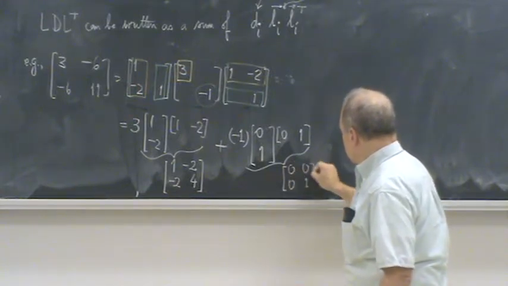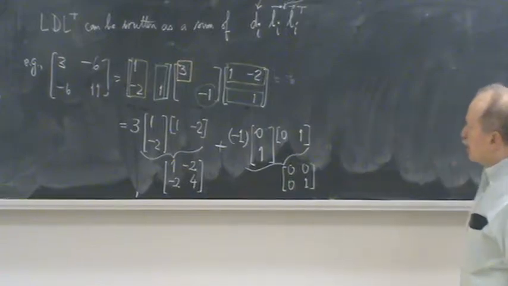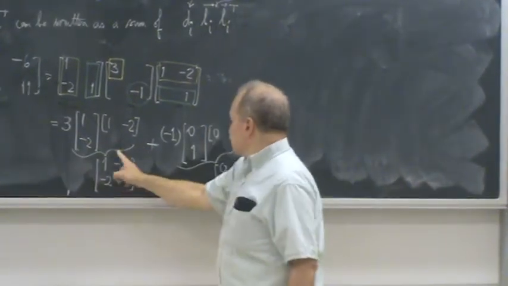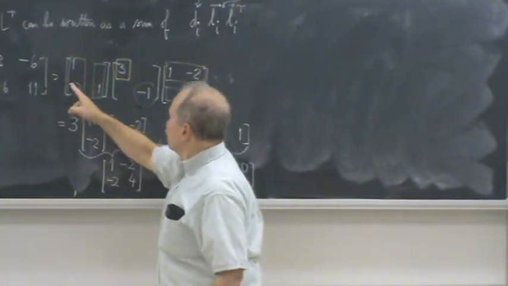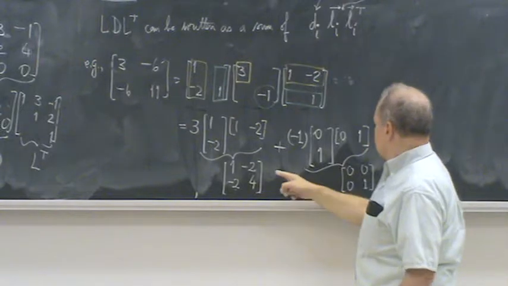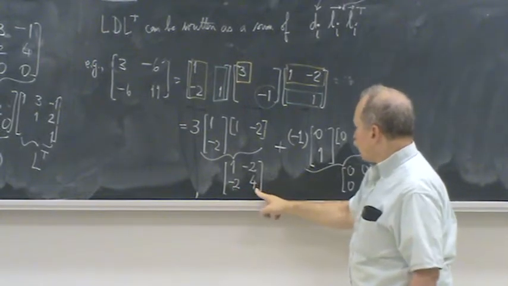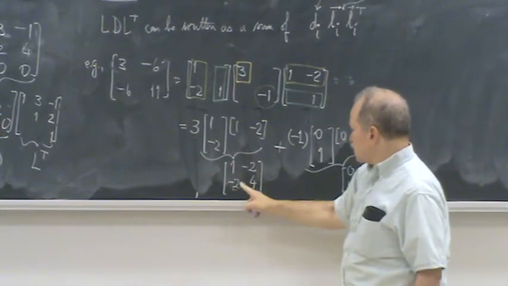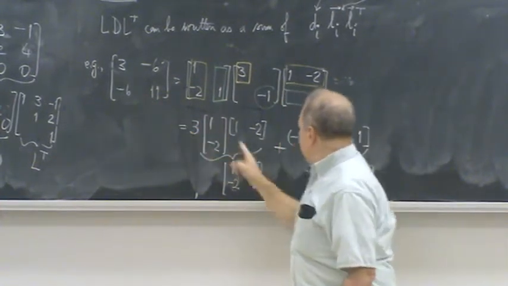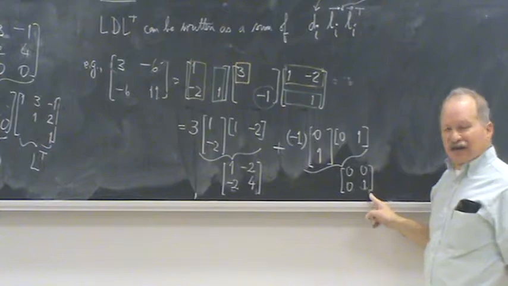So is it working? You're getting 3 times 1, -2, -2, 4 plus, multiplied by 3, so it would be -6, 12, and then adding the -1 in that slot.